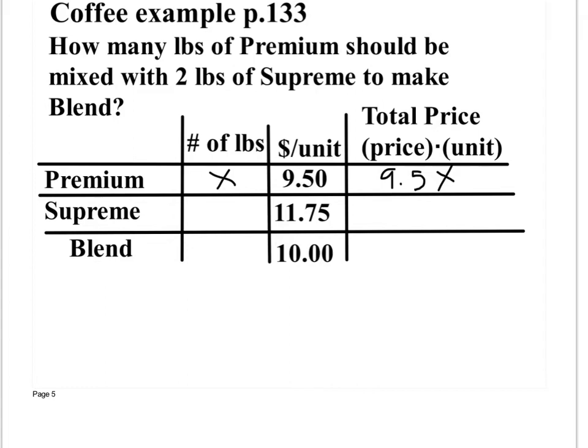My supreme blend, how many pounds of that do I need? 2. So I take $11.75 times 2. I'm going to go ahead and work that out since I already know it. It is $23.50. And then my blended, how many pounds of that do I need?